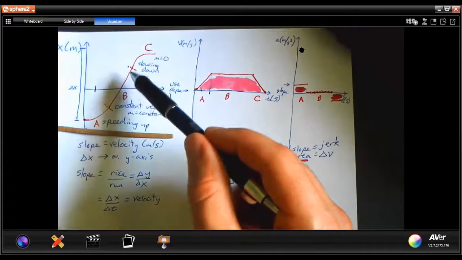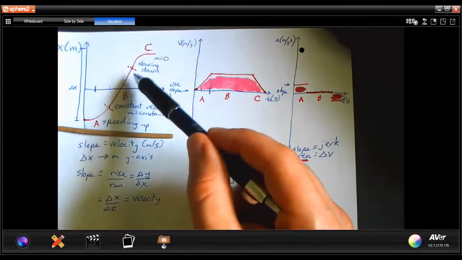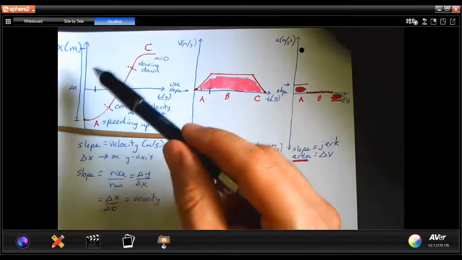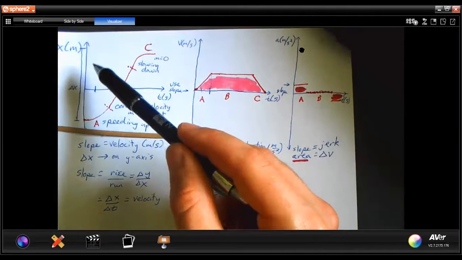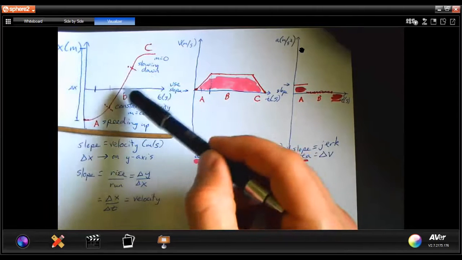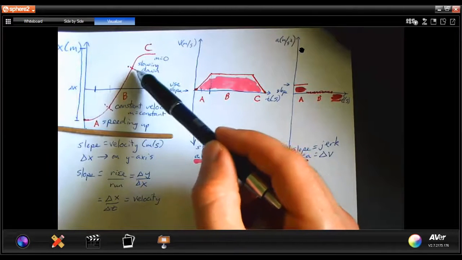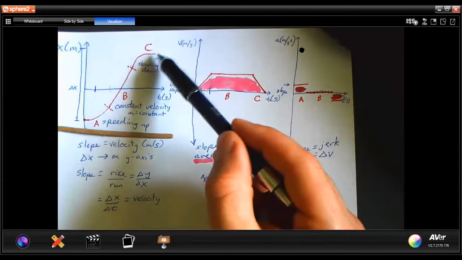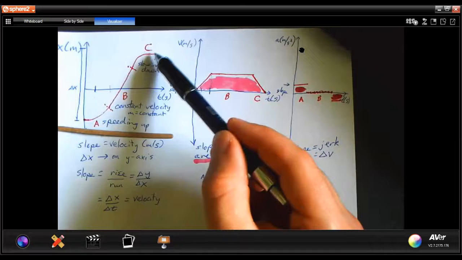This would be the cruise control, or you just staying at 25 miles an hour. And then you come to a stop sign and you must stop. So you have to come from 25 miles an hour to 0 miles an hour.